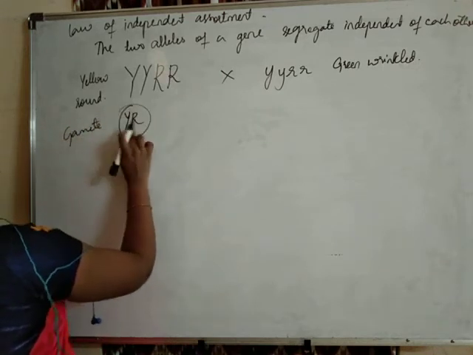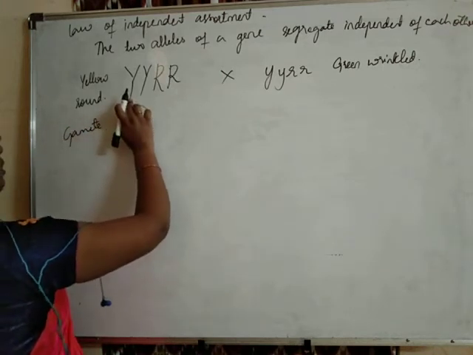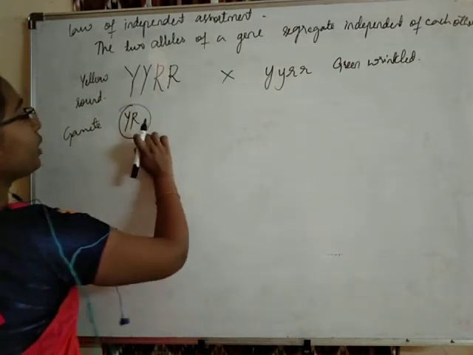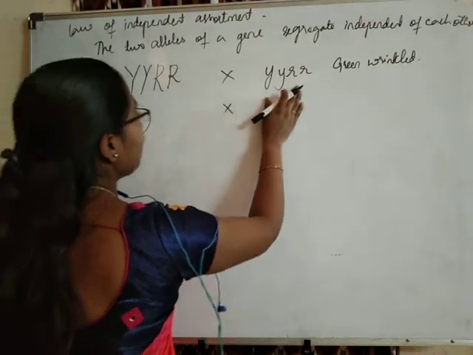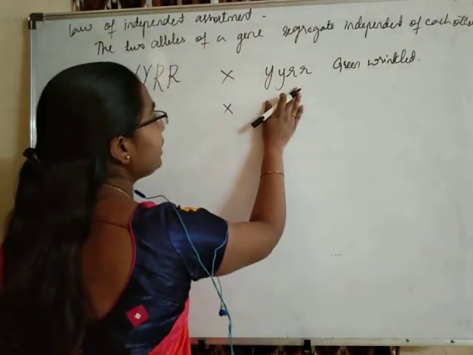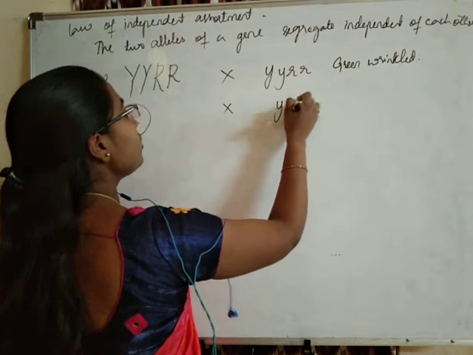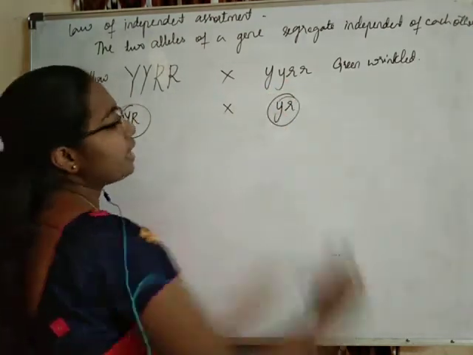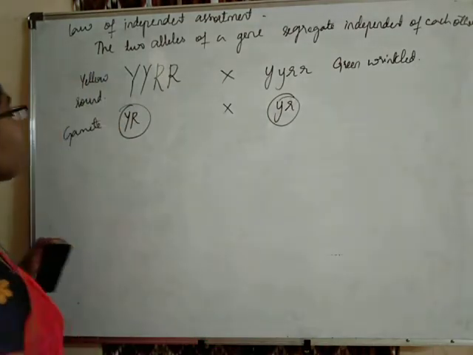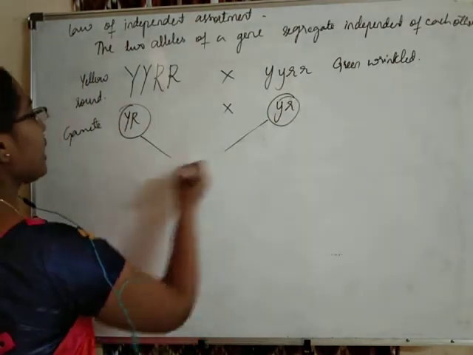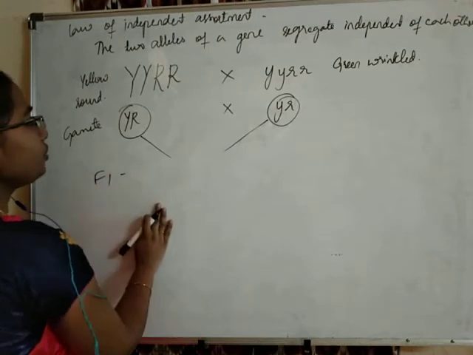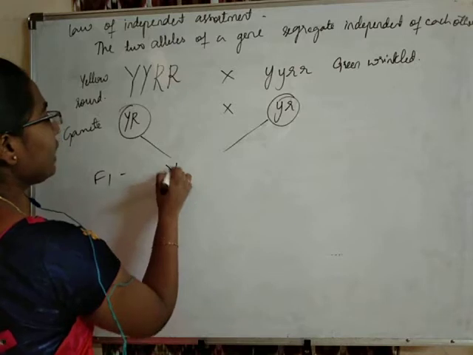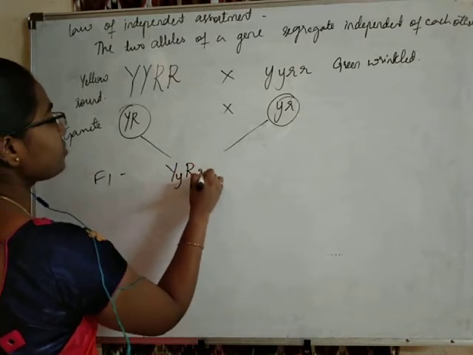They contain the Y allele and the R allele. The green wrinkled individual contains the y allele and the r allele; both are the same, so only y and r gametes are formed. From these two gametes, the F1 individual will have a capital Y, a small y, a capital R and a small r.